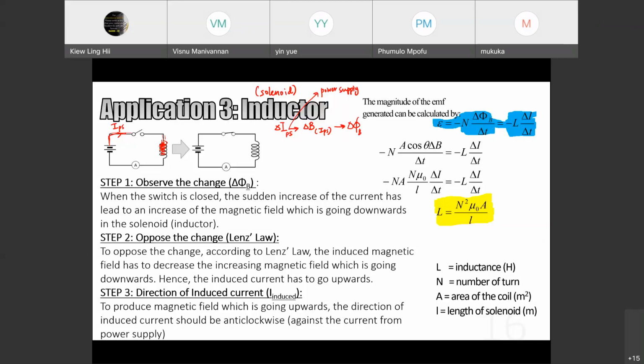So when there is a change in magnetic field here, what will happen? According to Faraday's law, there will be an induced current.